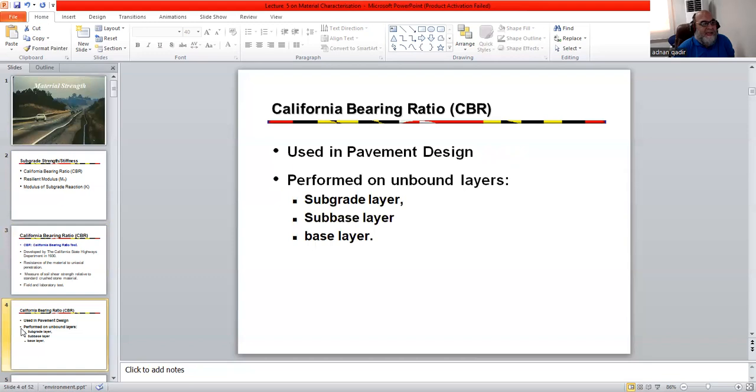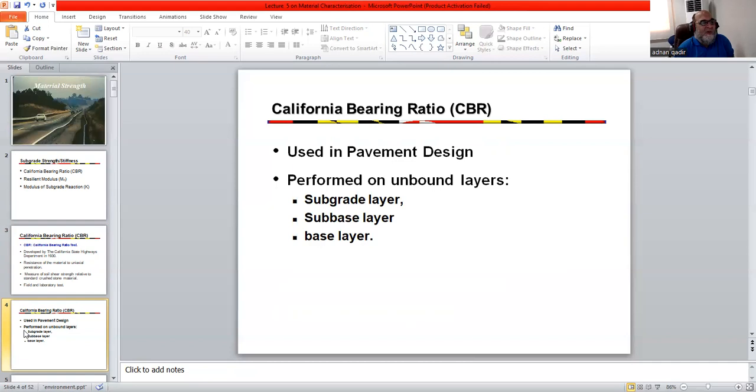In a pavement design, when we specify a material that should be used for constructing the pavement, most of the time we specify the CBR values. For instance, the CBR value for the base layer is around 80, for the sub-base layer it is around 30, and for the subgrade layer, the preferred value we would always have should be around 10.